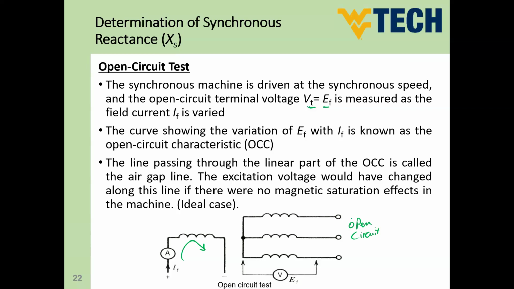In case of delta connection, line and phase values are the same. The curve showing the variation of the induced volt with the field current is known as the open circuit characteristic. So the open circuit characteristic, guys, is nothing but the relation between the excitation volt and field current.